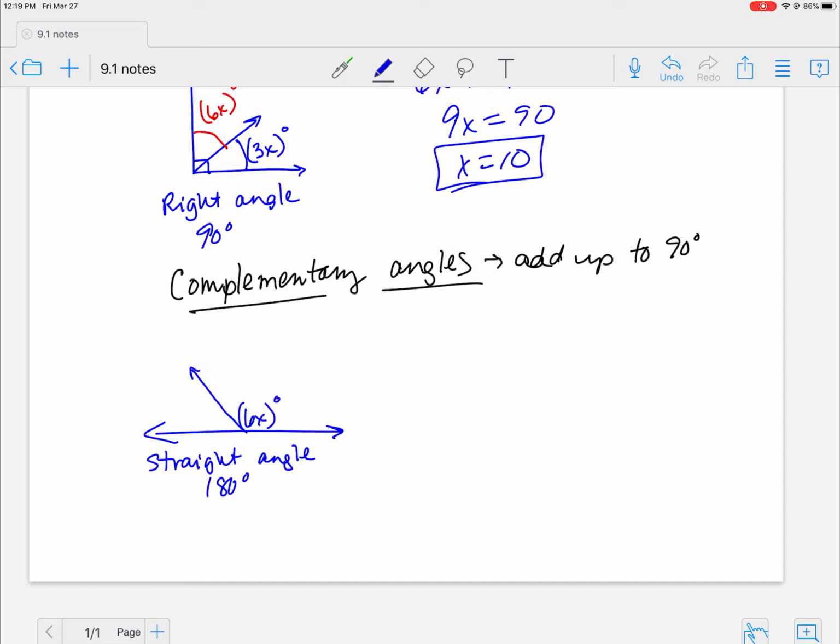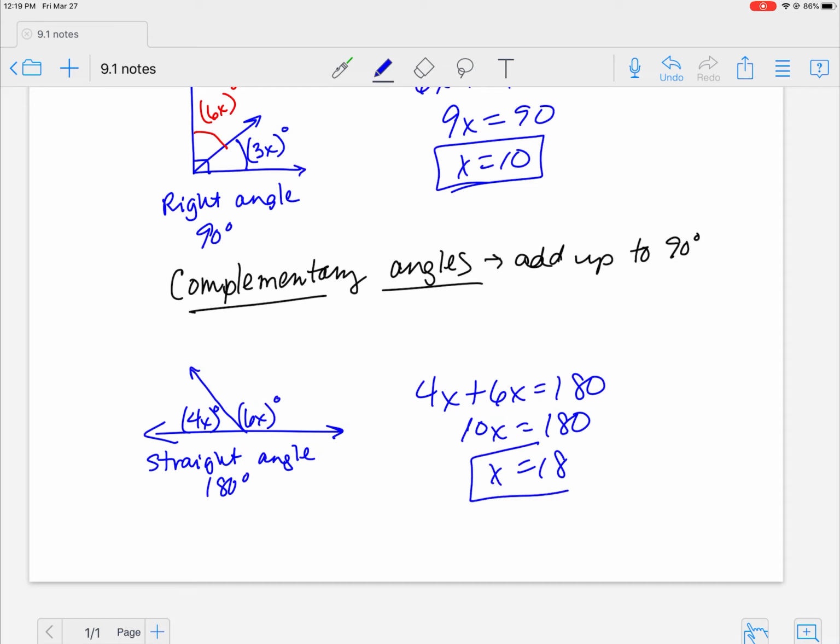So what if I have this one broken up to say that this side is 6x degrees and this side is 4x degrees? What do you do with that? Same thing. 4x plus 6x is equal to 180. So 10x is equal to 180, so x is equal to 18.